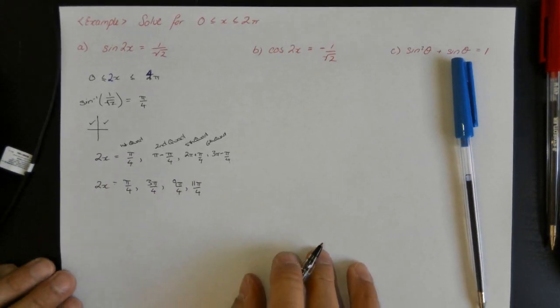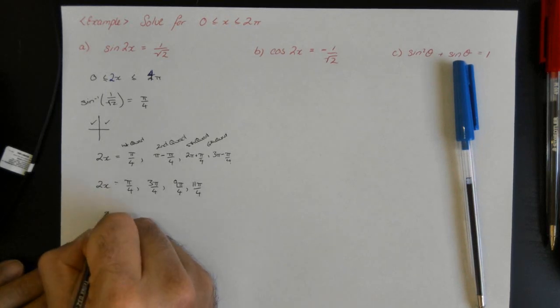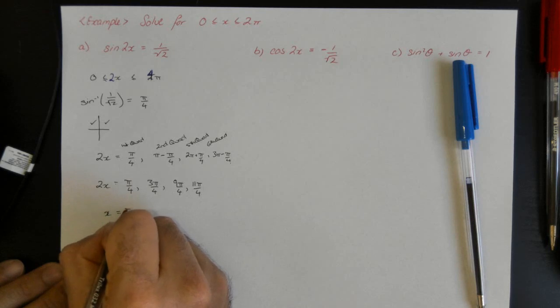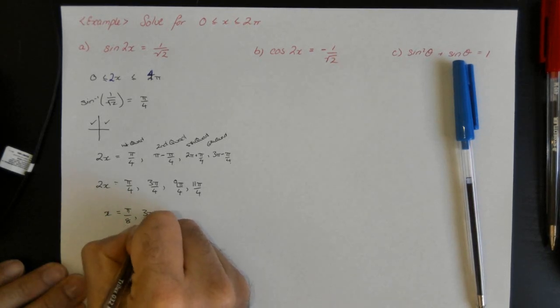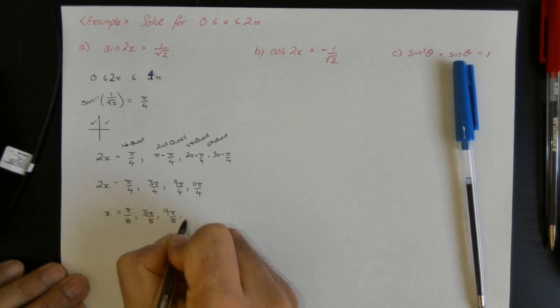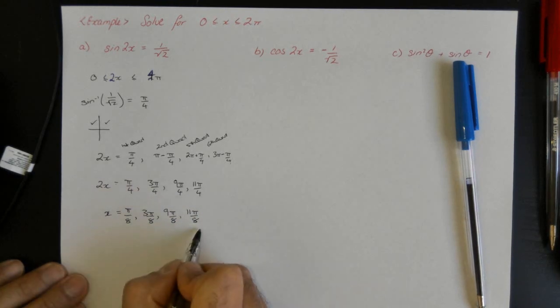Okay, so that's what 2x is. But what we now need to do is divide everything by 2, and that's the same as multiplying by a half. So you get pi on 8, 3 pi on 8, 9 pi on 8, and 11 pi on 8. And that's the solution.